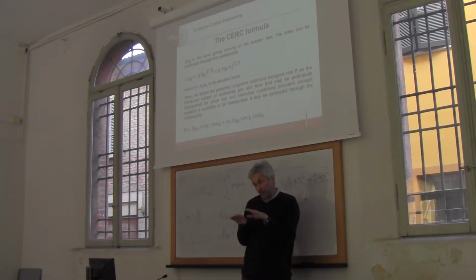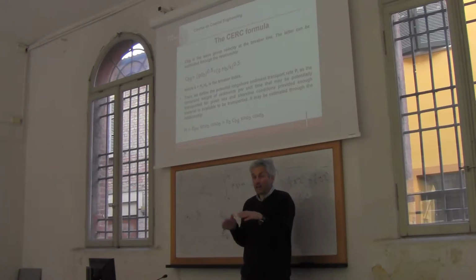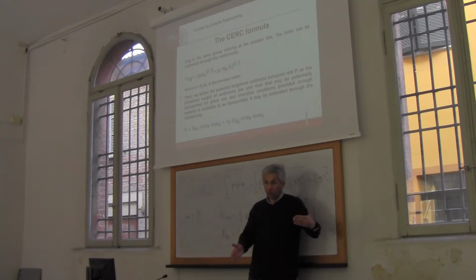So a wave indefinitely traveling parallel to the coastline is almost impossible, unless you have a case which is not the case of a beach, where you have a seawall. If you have a seawall, or a coast that behaves like a wall, it may happen that you see waves traveling in the parallel direction for a long distance.